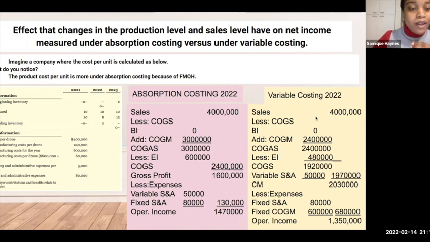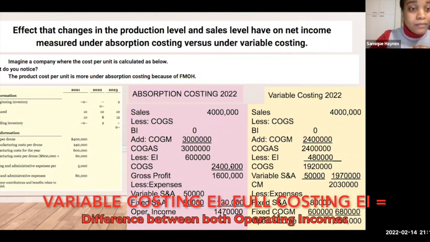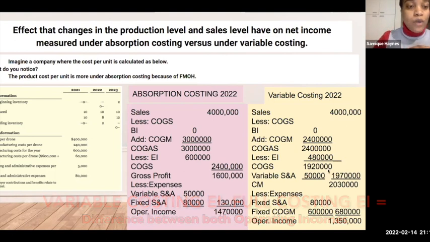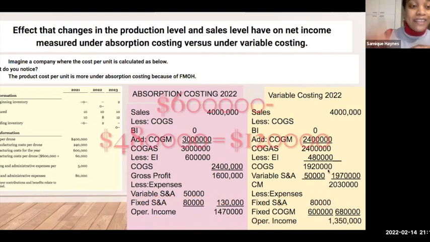But in variable costing, this fixed manufacturing 600,000 there doesn't get pushed into the next year. We're expensing it right now. This ending inventory reduces our cost because instead of accounting for it now, we're going to push it into the next year. It becomes the beginning inventory of the next year. But the variable costing one says, expense it right now.